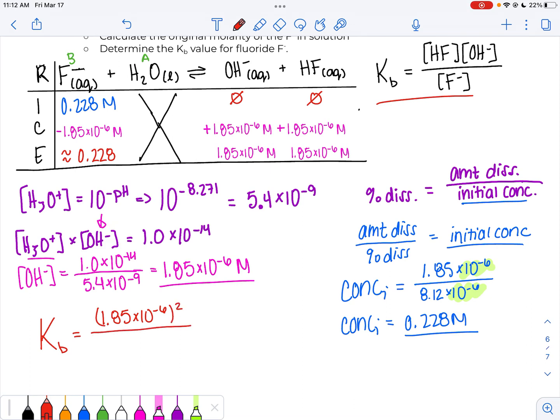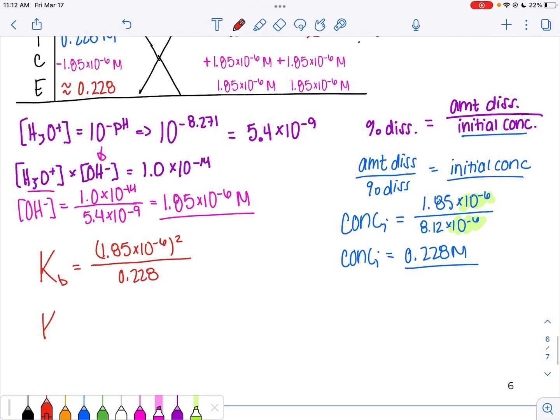So we're going to square that bad boy. And then we're going to divide by our equilibrium concentration of the fluoride ion, which we said was essentially 0.228. And when we solve this, we get Kb is equal to 1.5 times 10 to the negative 11th.